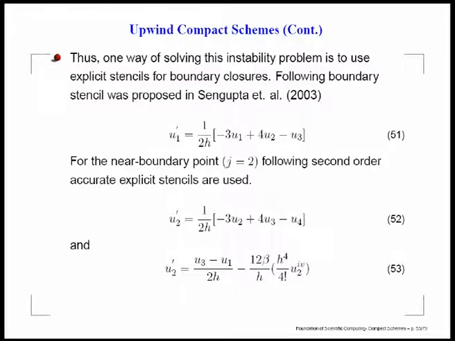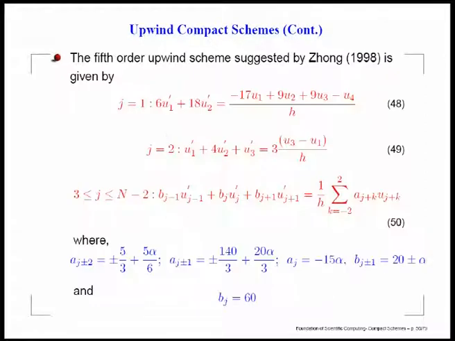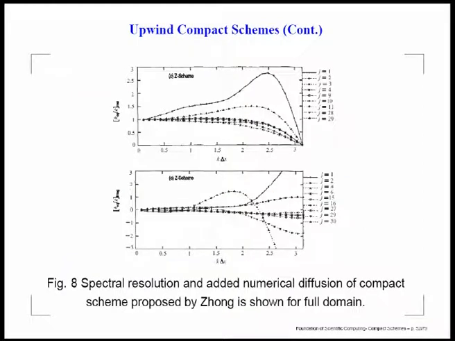Boundary stencils and near-boundary stencils, as you can see here in j equal to 1 and j equal to 2. J equal to 2 is still okay, it's a central scheme, as you can see. There is no problem. But j equal to 1 seems to be the culprit, and it's so bad that the effect is not confined to j equal to 1, but it is confined to many, many points inside. And that is happening because of the implicit nature of the scheme.